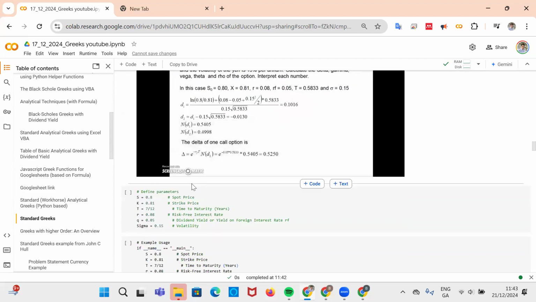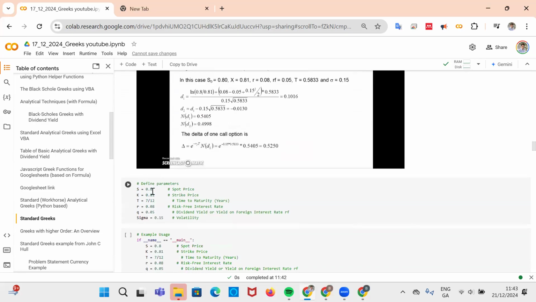So if we take S being equal to 0.8, K 0.81, T equal to 7 months, the rate of interest in the domestic jurisdiction 8%, the rate of interest in the foreign jurisdiction being 5%, and sigma being 15%.